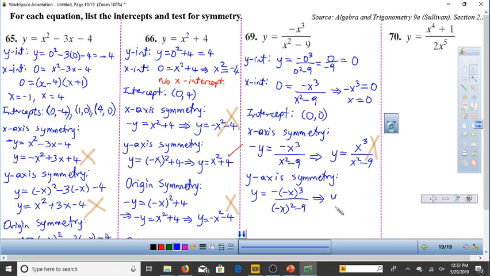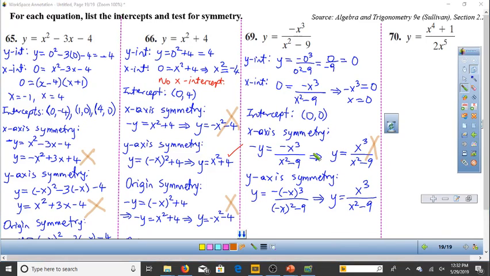Simplifying that, we see that the negative of negative x cubed is just positive x cubed. And then the denominator will work out to be x squared minus 9. This is not the same as the original either. So this graph does not have y-axis symmetry either.